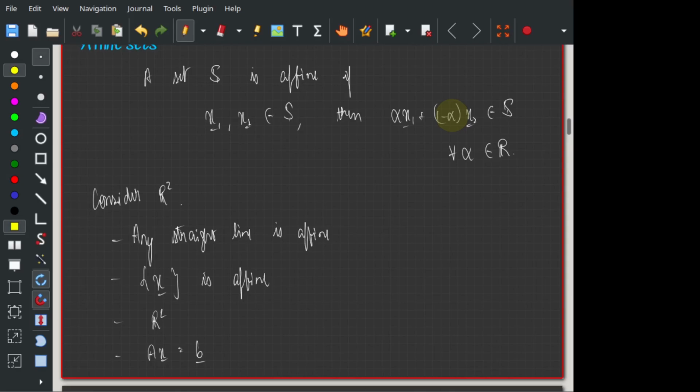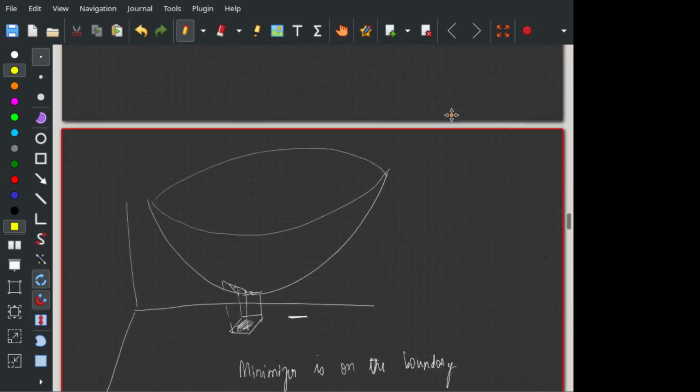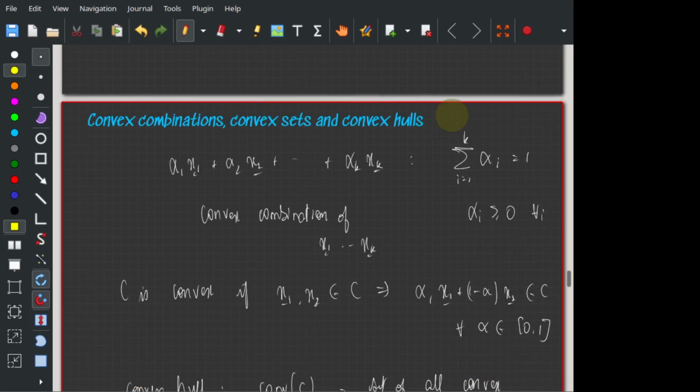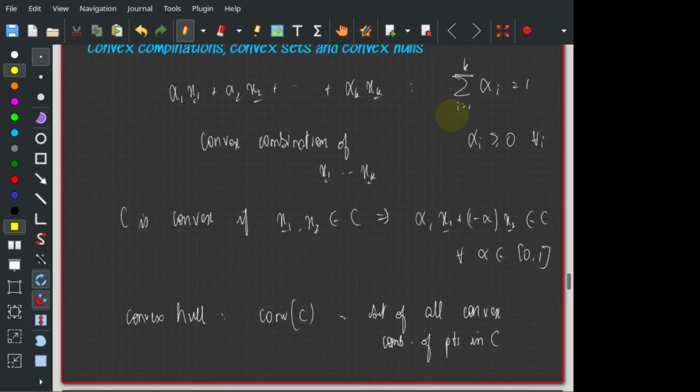The set of all affine combinations of 2 points is going to give you a straight line. A convex combination of 2 points is basically any point which lies on the line segment between these 2 points.